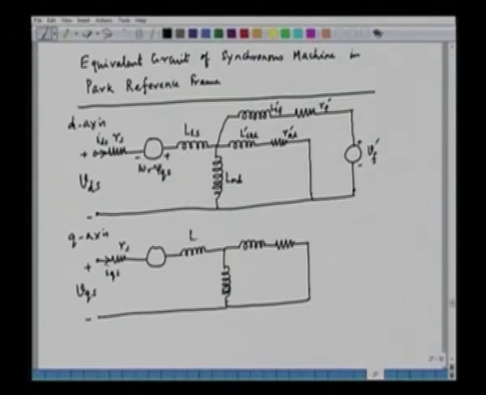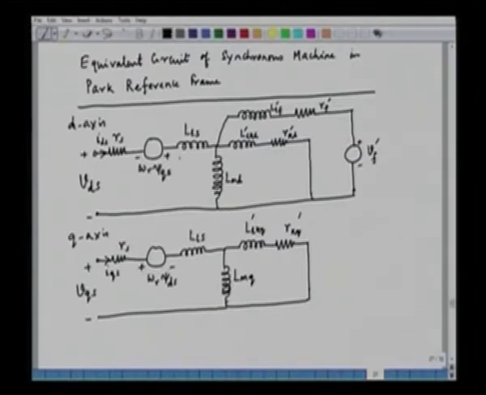This is the stator leakage inductance, the magnetizing inductance in the Q axis, the damper leakage inductance LLKQ and RKQ, and this rotational induced EMF will be omega R into psi ds. This will in fact be opposing the applied voltage, and hence the sign will be plus on this side and minus on the right hand side.